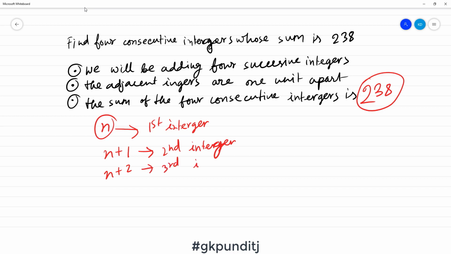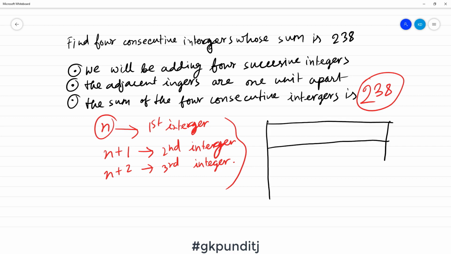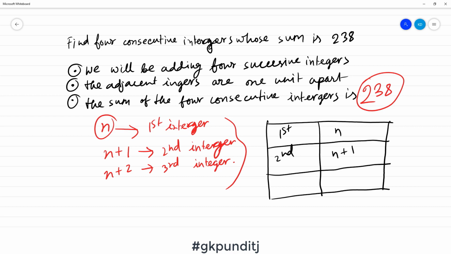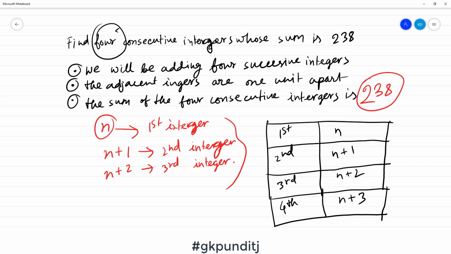Sorry, there was a spelling mistake. Now make a box like this: the first integer is n, the second integer is n plus 1, the third integer is n plus 2, and the fourth integer is n plus 3.